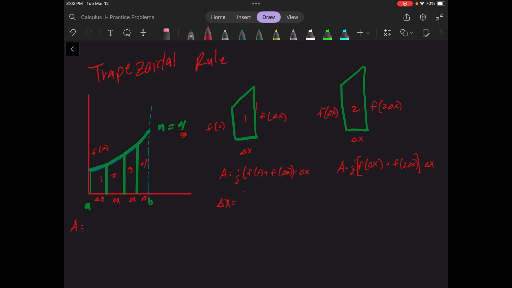It's the length of the entire region that we're looking at over the number of trapezoids, right? So in this case, delta x is just b minus a over n, the total distance across the bounds divided by the number of trapezoids. That would give the width of one trapezoid, right?